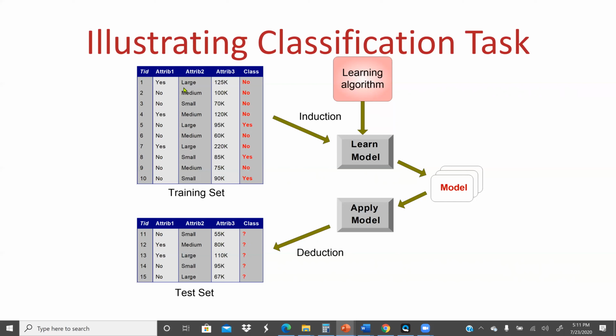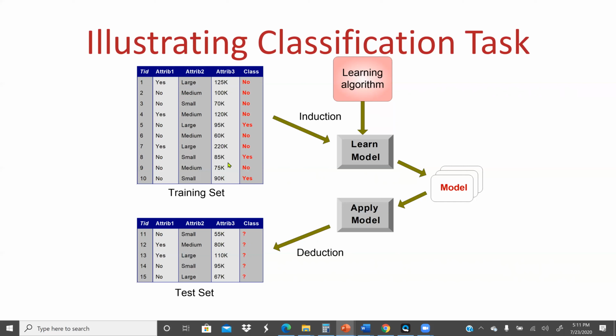The second can be our income, etc. So if we didn't cheat, it's no. If we cheat, it's yes. So this is a training set.